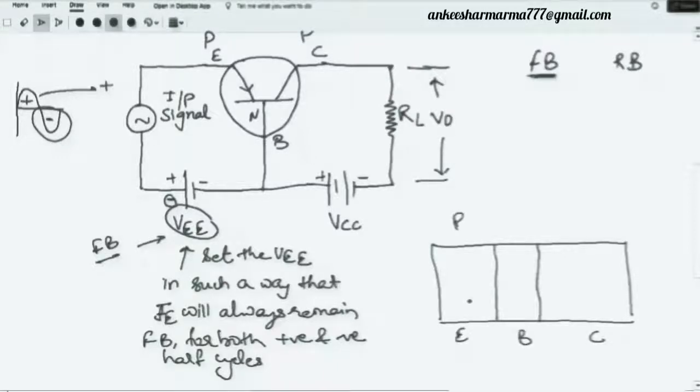This is PNP. Now definitely here I will get the depletion regions. It will penetrate more towards the base, so the width will be higher in the base. This is my emitter junction, I will write here JE, and the other part is my collector junction, JC.